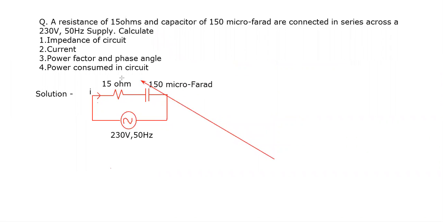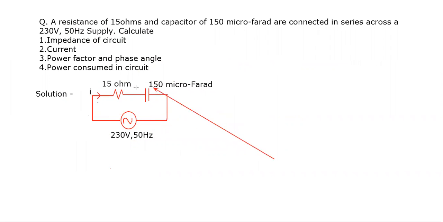So this figure we have to draw. I drew this figure from the question. Here it is given a resistance of 15 ohm is connected in series with a capacitor of 150 microfarad across a 230 volt, 50 hertz AC supply.